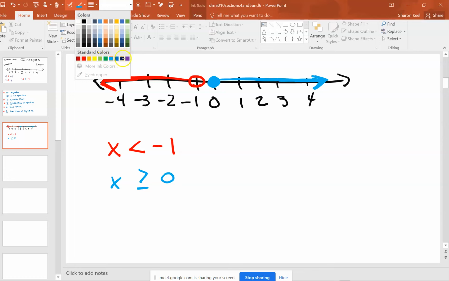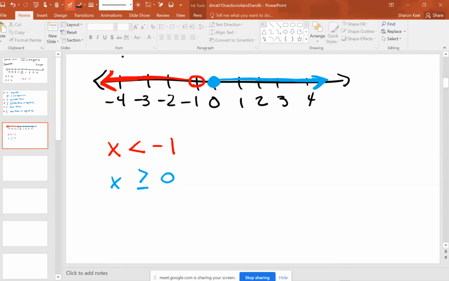If I wanted to graph something between 2 points, or actually we're not going to be graphing between 2 points, so we will probably be okay on that. But we can go ahead and do one. Let's say we have an x that's greater than or equal to -3, but less than +2.